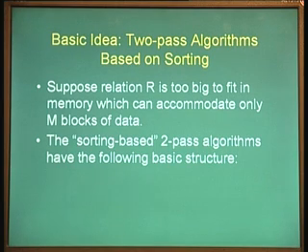The first one that we are going to be looking at is the simplest, which is called the sorting based two-pass algorithms. The basic idea behind sorting based two-pass algorithms is shown in the slide here.